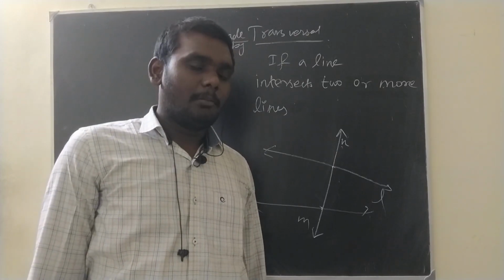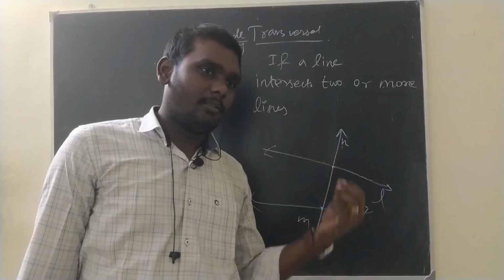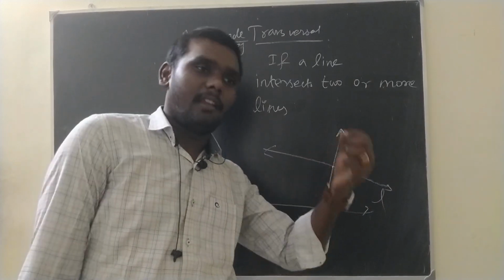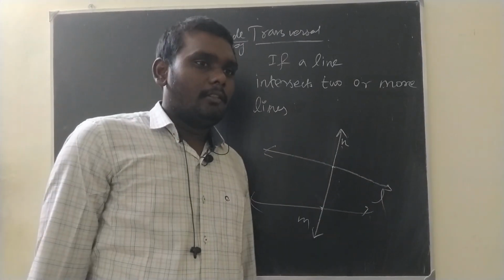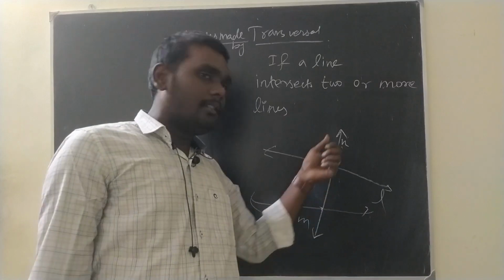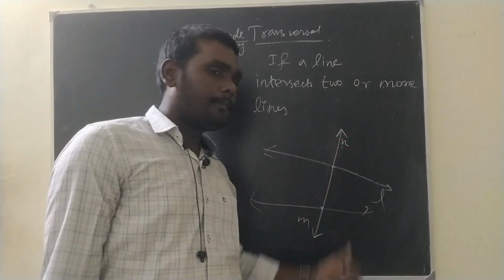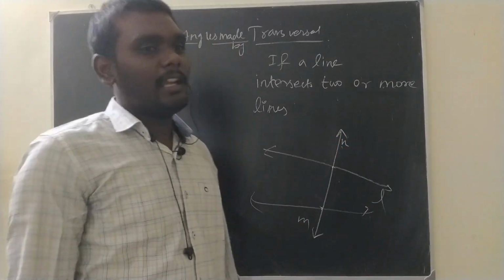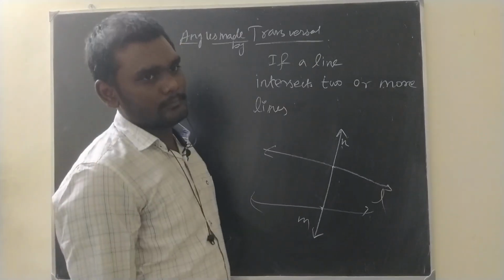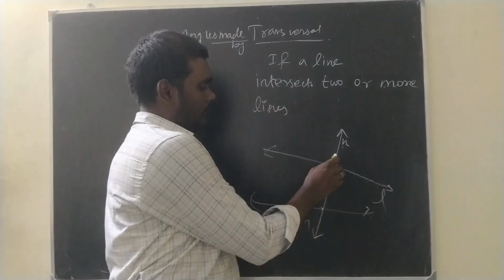Is it or not? Because the definition of angle itself is co-initial rays. So likewise, the angles formed by this transversal. How many angles are we talking about? We'll number them one after another.